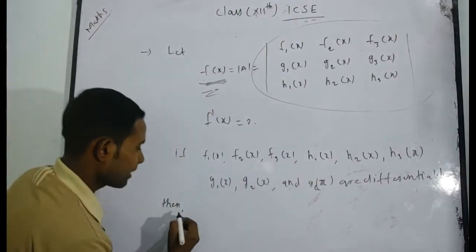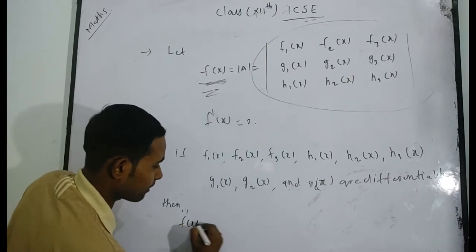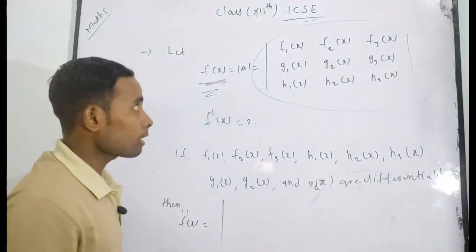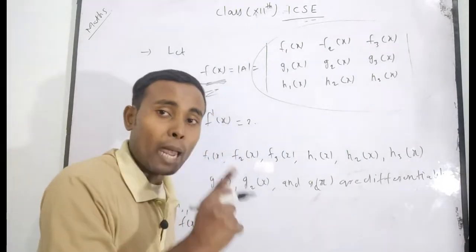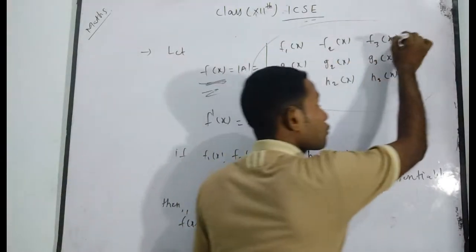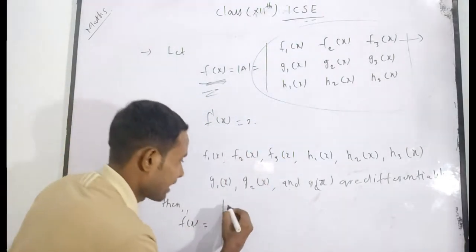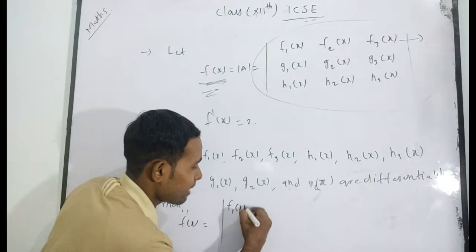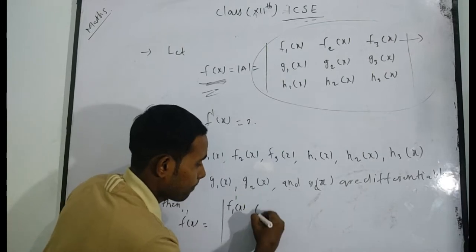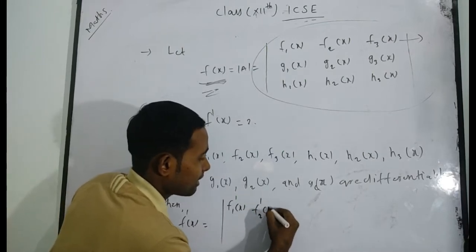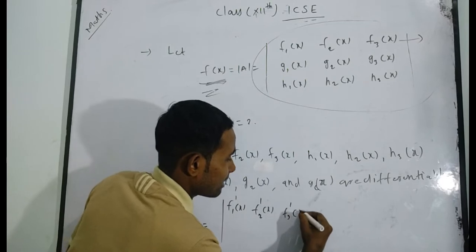See here again, in that case f dash x will be the determinant where firstly you have to differentiate the first row functions and the remaining functions will be the same. Firstly differentiate f1x, that means f1 dash x, f2 dash x, third will be f3 dash x.